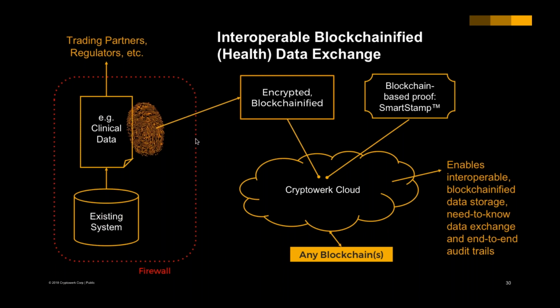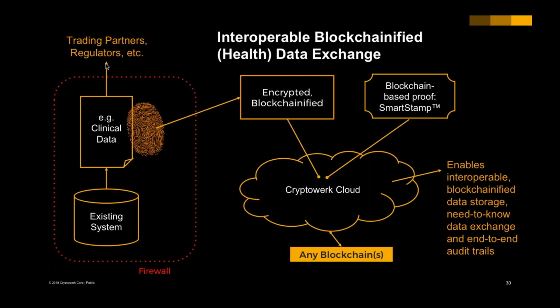And the way this works is you have your existing system and it provides data to trading partners, regulators, and what have you. That happens now. You may have this data on a file share. You may already have APIs, application programming interfaces, set up for that. But this is happening, and increasingly there is digital transformation where additional data needs to be shared.